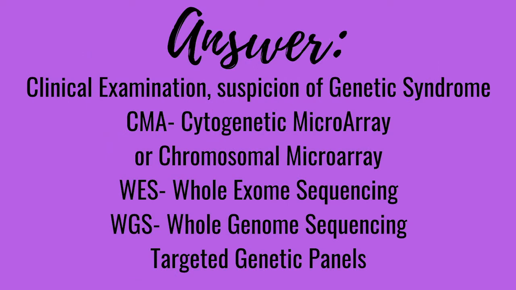And the advantage of whole genome sequencing is dual. Number one, you can identify deletions and duplications like the ones identified in cytogenomic microarray, deletions and duplications that many times are not visible in the cytogenomic microarray. The second thing is that you sequence regions of the DNA that are normally not sequenced by exome sequencing.